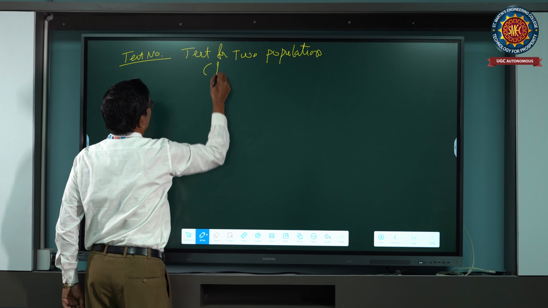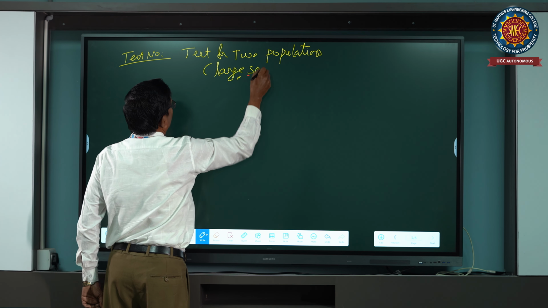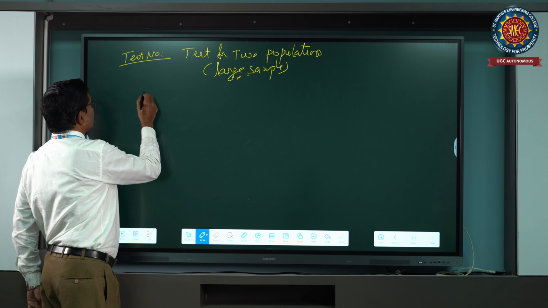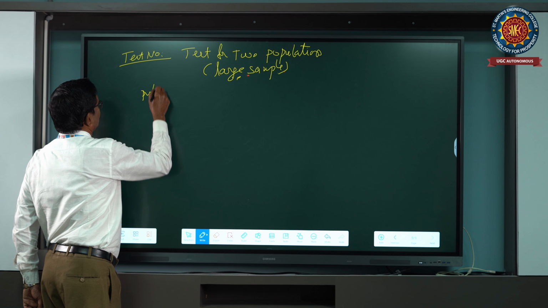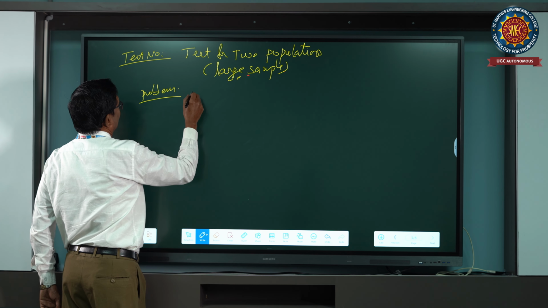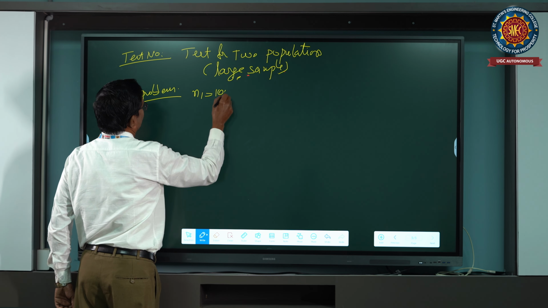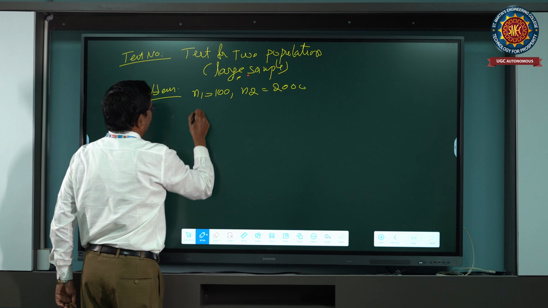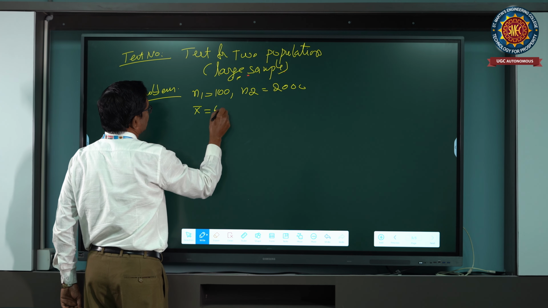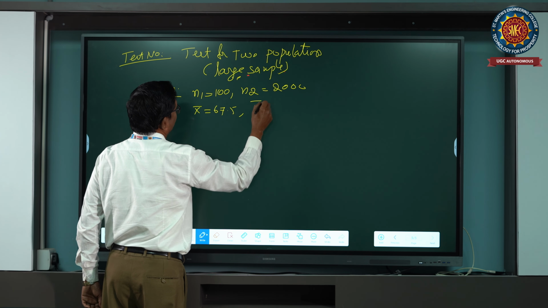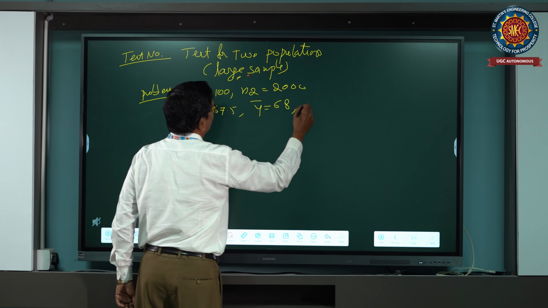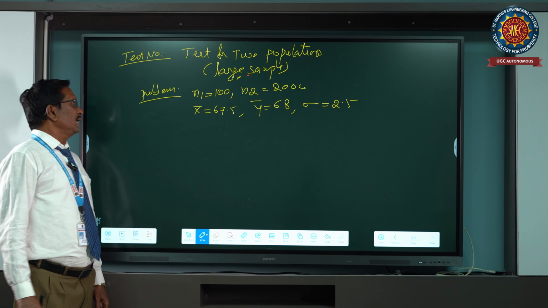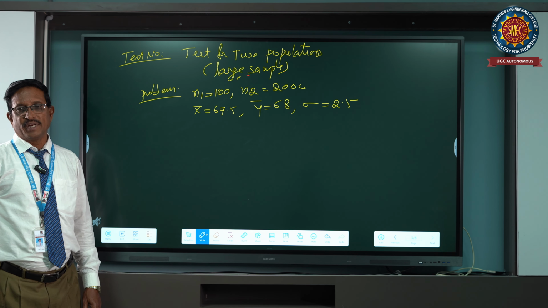The given data are n1 is equal to 1000, n2 is equal to 2000, x bar is equal to 67.5, y bar is equal to 68, and sigma is equal to 2.5. This data fits only a test for two population means.